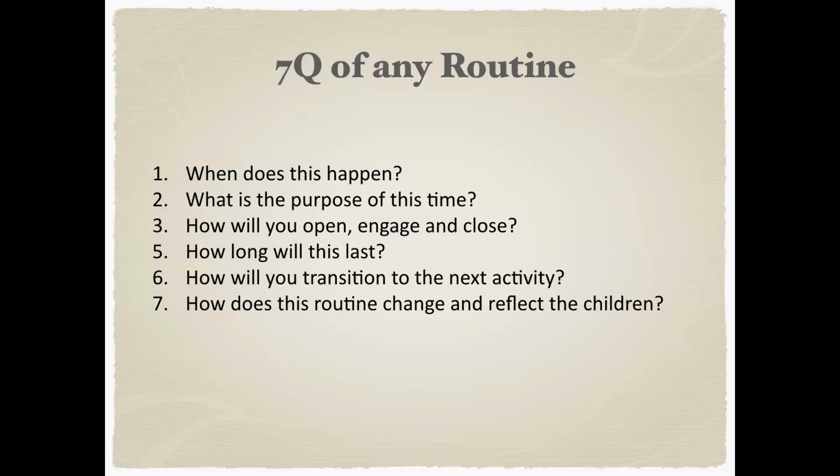The sixth question, how will you transition to the next activity? You can't start thinking about it after the fact, like, oh, circle time is over, okay, so we need to go outside now, okay, so, Sarah, you could go get your coat. It doesn't work like that. You have to know before you even sit at the circle what your transition is going to be.